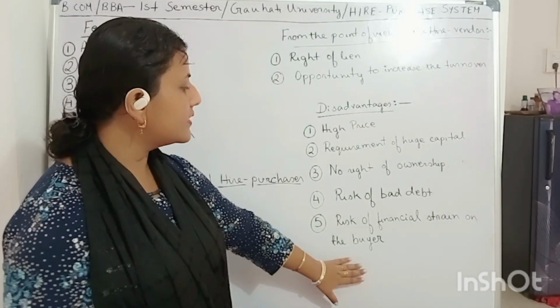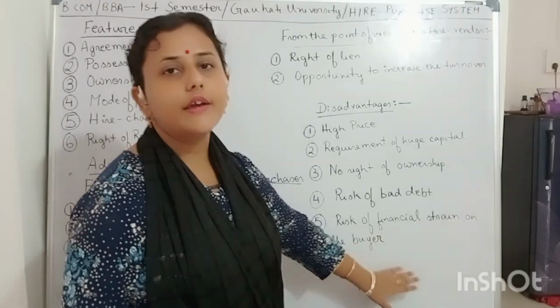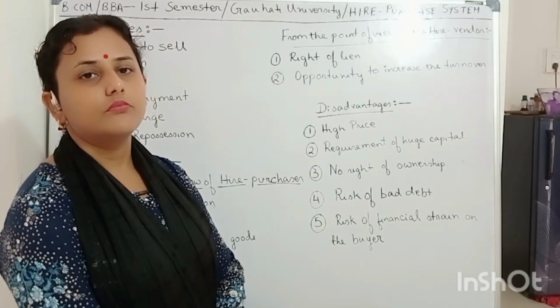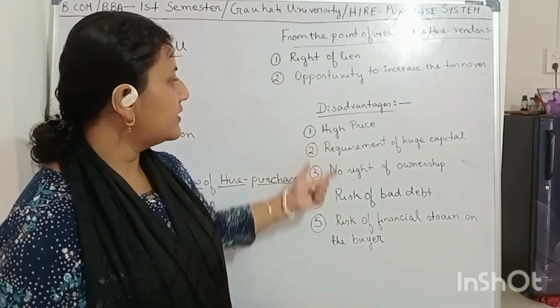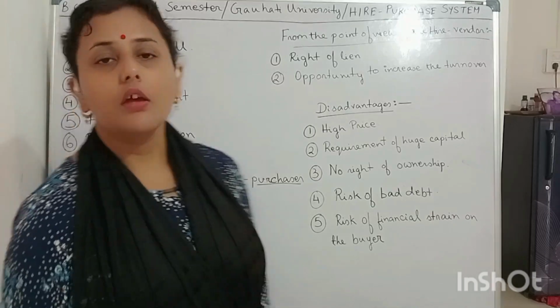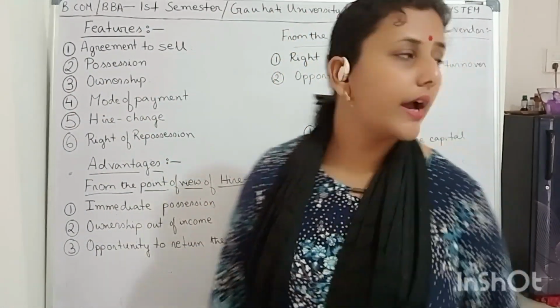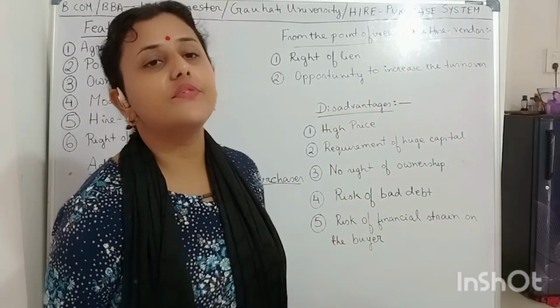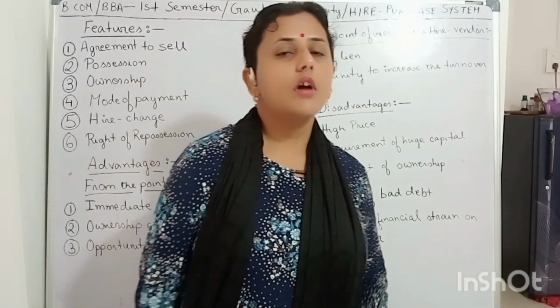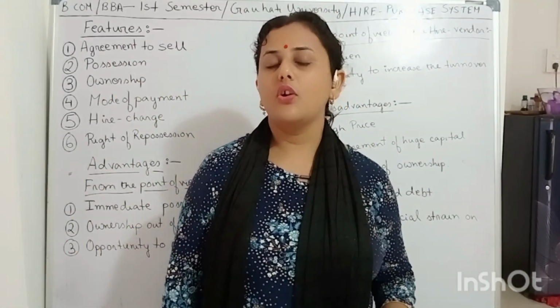So that is a disadvantage to the hire purchaser. So these are the disadvantages, and these are the features and advantages from the point of view of hire purchaser and hire vendor. I hope you have understood all the points.